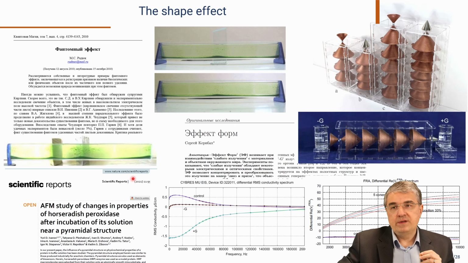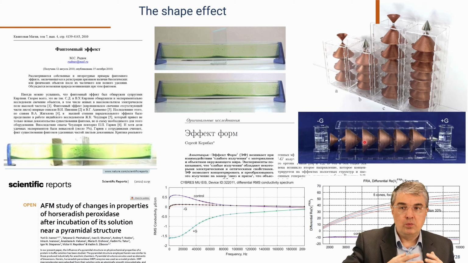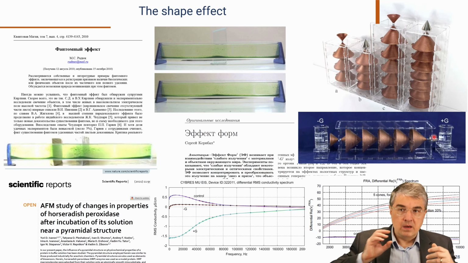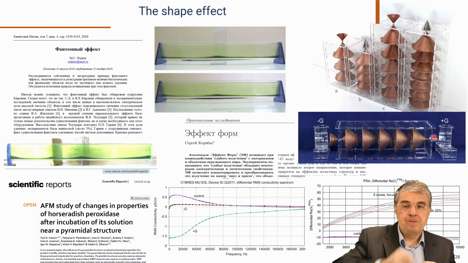And here is one of the main ideas regarding the shape effect: using geometries, we can control the development of phantom structures. We can direct them in a specific way. We can even drive them, for instance, if we put a wire here, we can drive the phantoms through this wire.